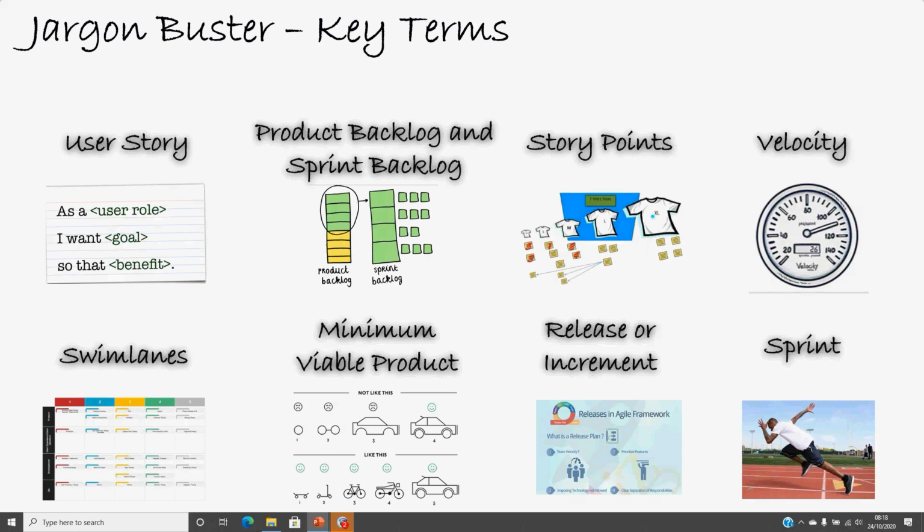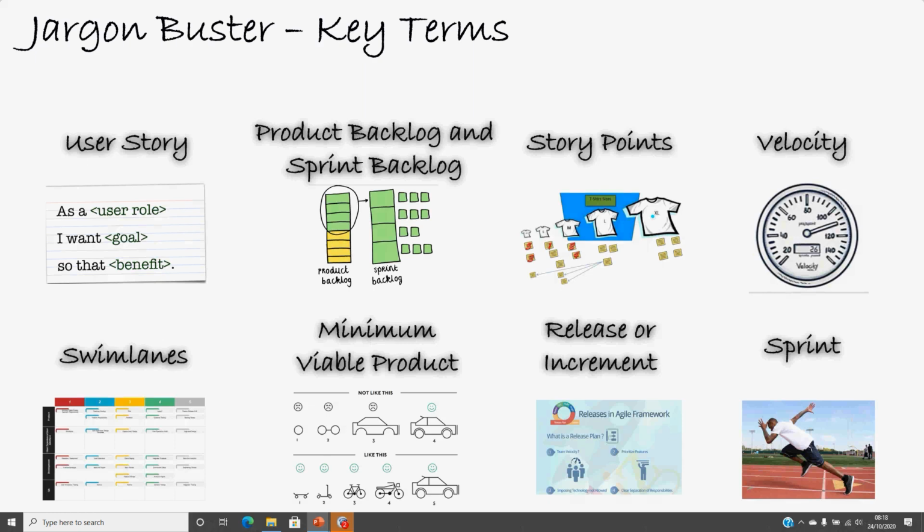Now, at the beginning, you make a guess of how many story points you will deliver in a particular sprint. You will say that, okay, my guess is that I'm going to deliver maybe 10 story points in a particular sprint.